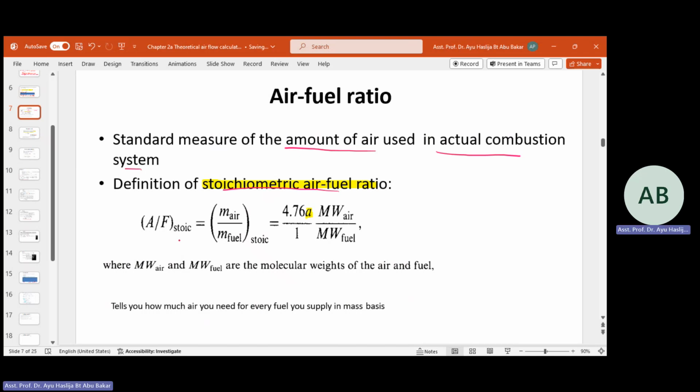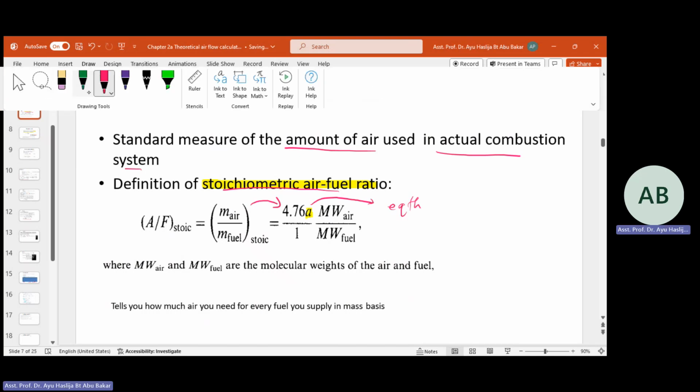Okay, this is the formula. AF stoic is equivalent to M air over M fuel, where M is mass. Can use this equation to find the M air. A here is the one that we calculate from the combustion equation.